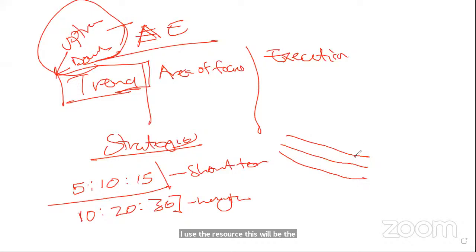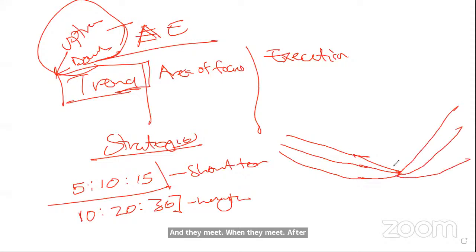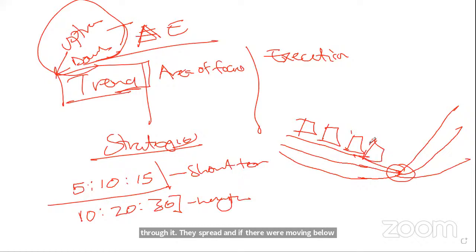And what happens when they are moving and they meet? When they meet, after their meeting point, they spread. And if they were moving below the candle, or they were moving above, and they meet below, when they spread, this is where you make your entry.